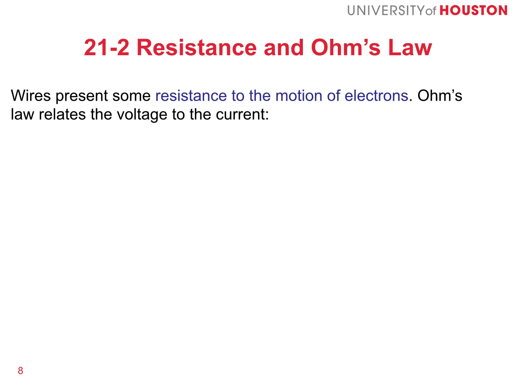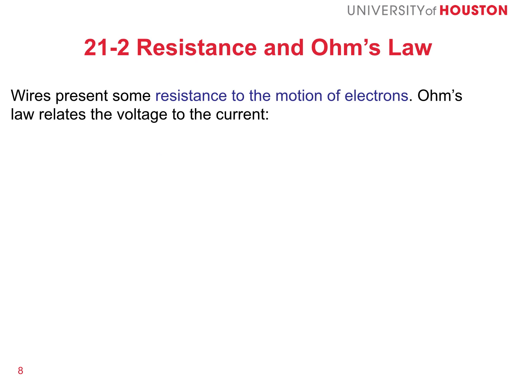The process that we discussed in the previous slide leads to the fact that a wire itself will present resistance to the motion of electrons. Without the wire being there, the electrons would move seamlessly from one end to the other.